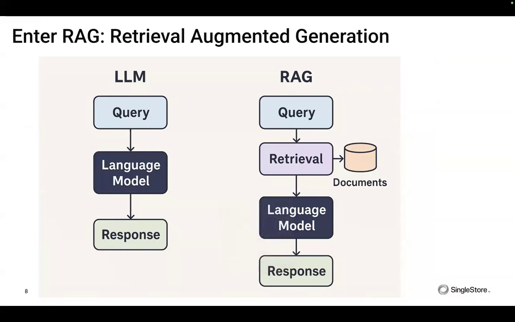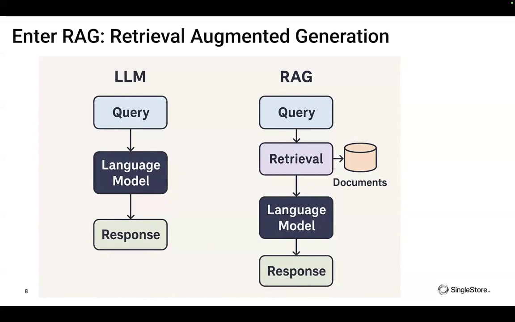hallucinating behavior. As you can see, you enter a query, it goes through the language model, any language model, and you get a response. There is no way you can verify that response, whether it is correct or not. But with RAG, you can attach your custom documents using a vector database.